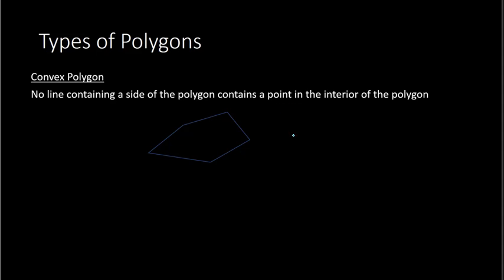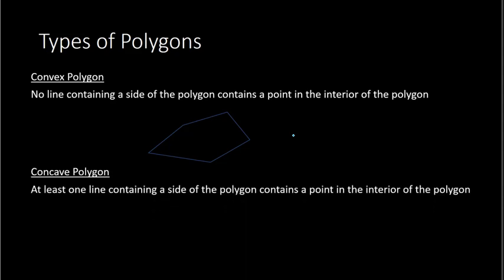It might be easier to understand a convex polygon by looking at the opposite. The opposite of a convex polygon would be a concave polygon. So that would look something like this. Notice a concave polygon is caved in right here.